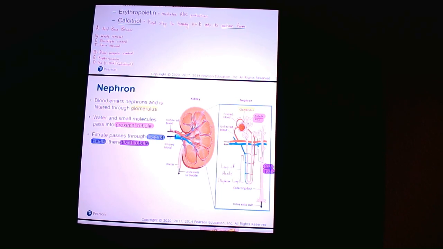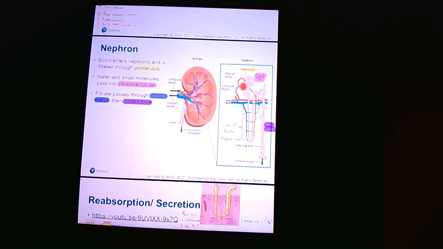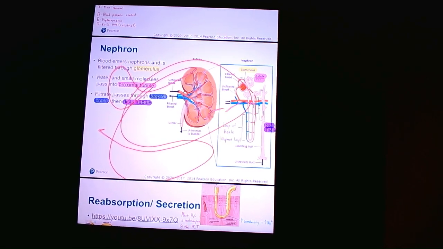Blood enters through here, makes its way here, comes through this arteriole, goes through the glomerulus, gets filtered, goes into the proximal tubule, goes down into the loop, goes into the distal, makes sense, right? Then it goes straight down into our collecting duct, down the ureter, into the bladder, and then we pee it out. So those are the connections we're going to make.